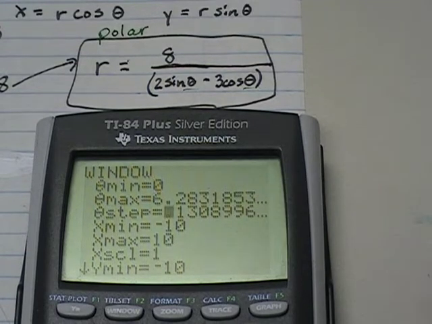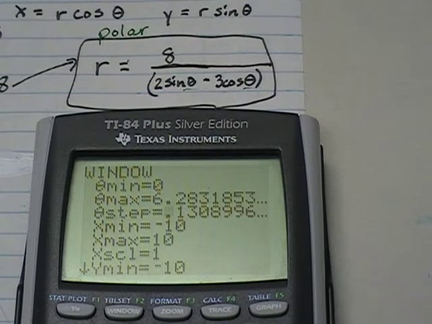Theta step is basically how far apart you want the theta increments when this thing's plotting points. I've shown this in another video, and I'm going to show it in this video as well: when you do not have theta step set properly, you get some really ugly pictures. But for this particular picture, we're just going to leave things be.